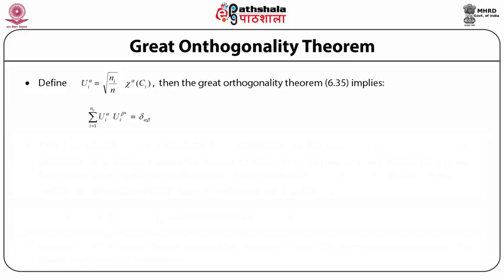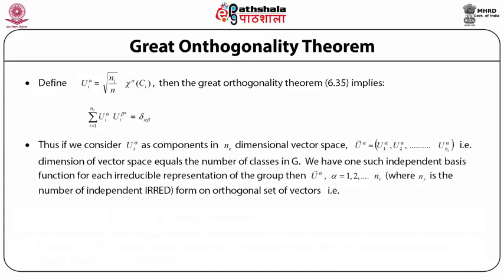Having defined u_i alpha in this manner, the great orthogonality theorem implies that the sum of u_i alpha u_i beta star over all the classes i equal to 1 to Nc is equal to delta alpha beta.